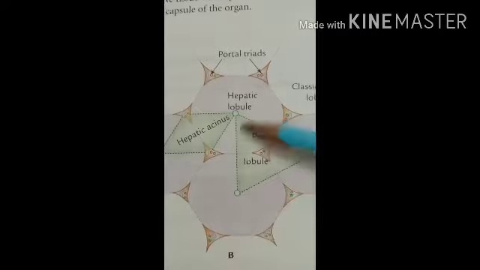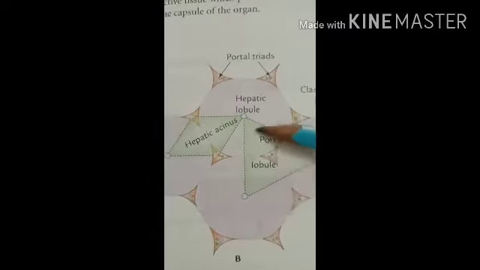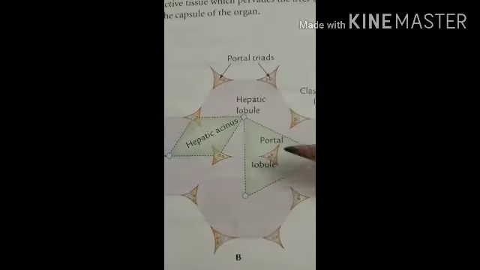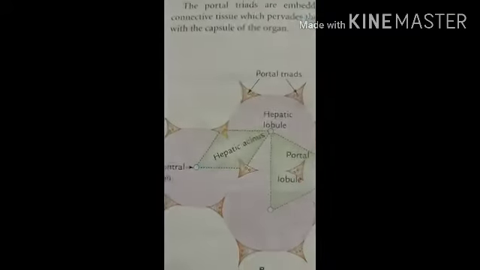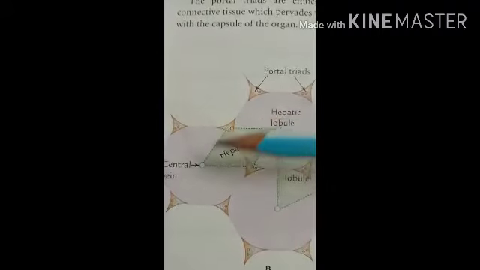The portal lobule in human beings is triangular in shape, and it connects three lobules. The hepatic acinus is the main functional unit of the liver, and it forms an attachment to two lobules.